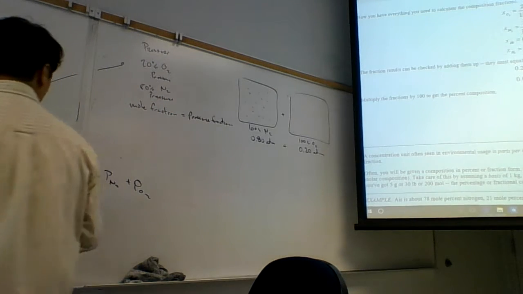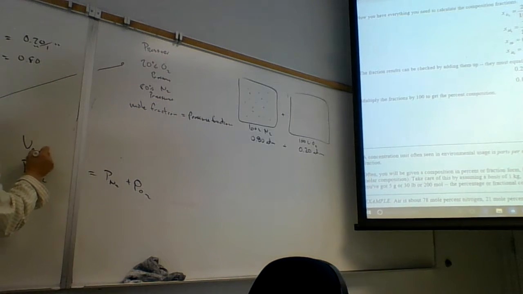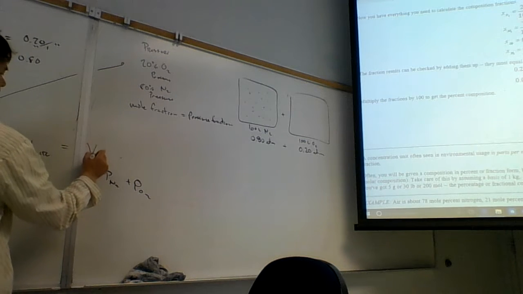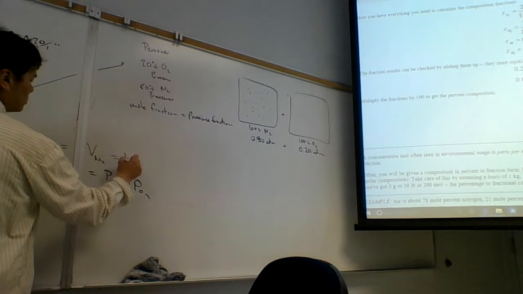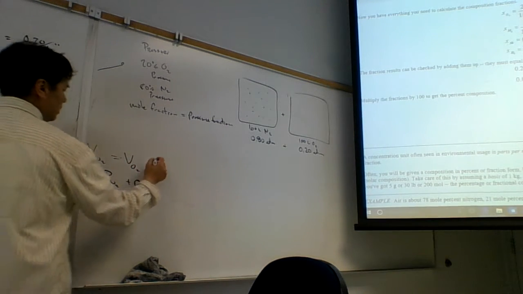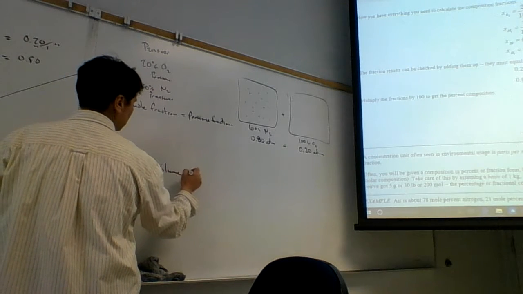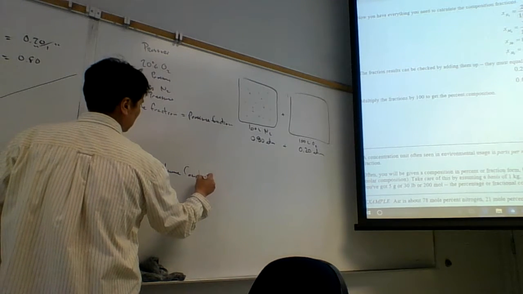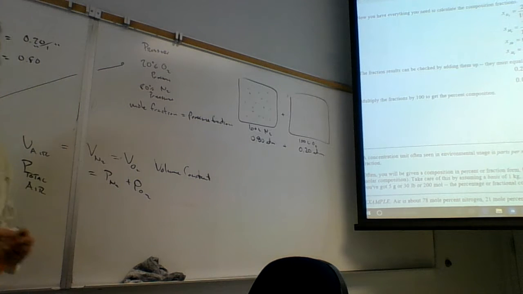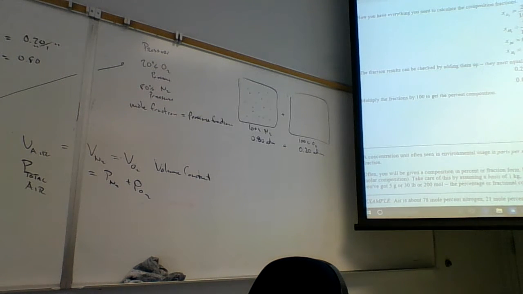The volumes are not additive. The volume of air is equal to the volume of nitrogen, which is equal to the volume of oxygen. In other words, volume is constant. The volume is always the same, so 1 liter and 1 liter gives me 1 liter. This is what we call Dalton's.